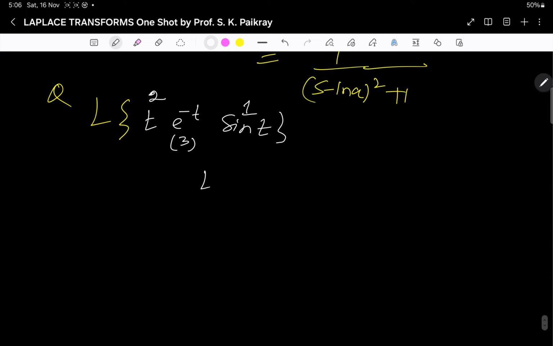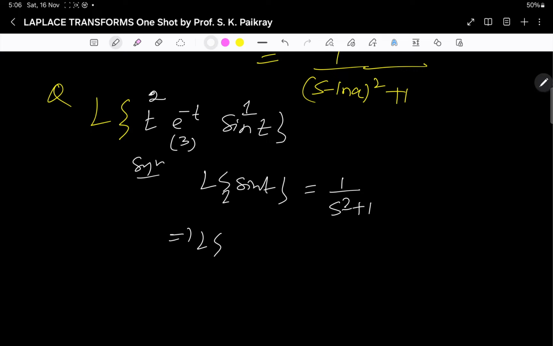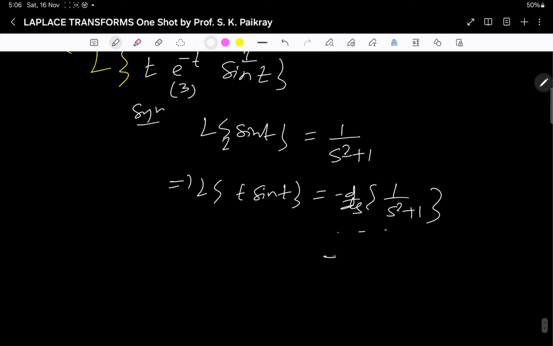So L of sin t is omega by s square plus omega square, omega is 1 here. So L of t sin t, you know, is minus d by ds of this, but I am not going to differentiate it. I have already remembered it, so I write it directly: 2 omega s by s square plus omega square whole square, which is 2s by (s square plus 1) whole square.